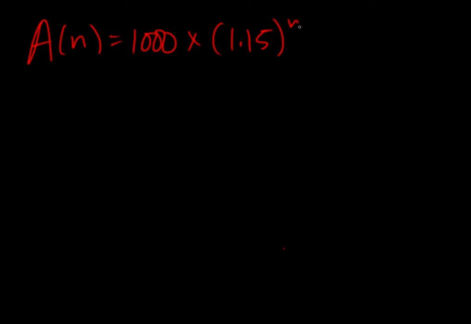The area affected by the grasshoppers is given by 1000 times 1.15 to the n, where n is the number of weeks after the initial observation.